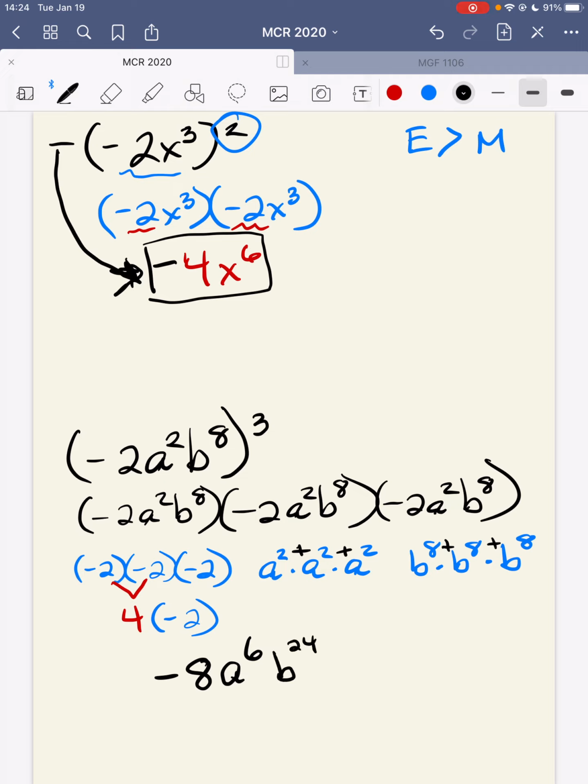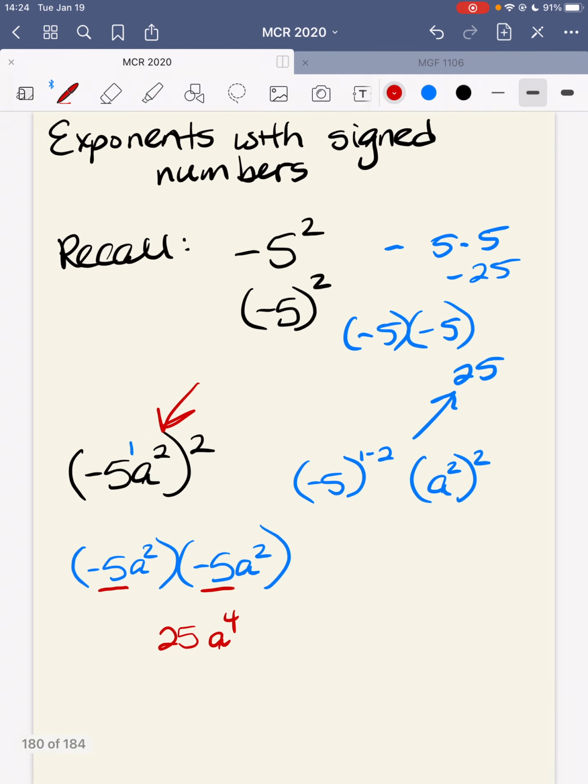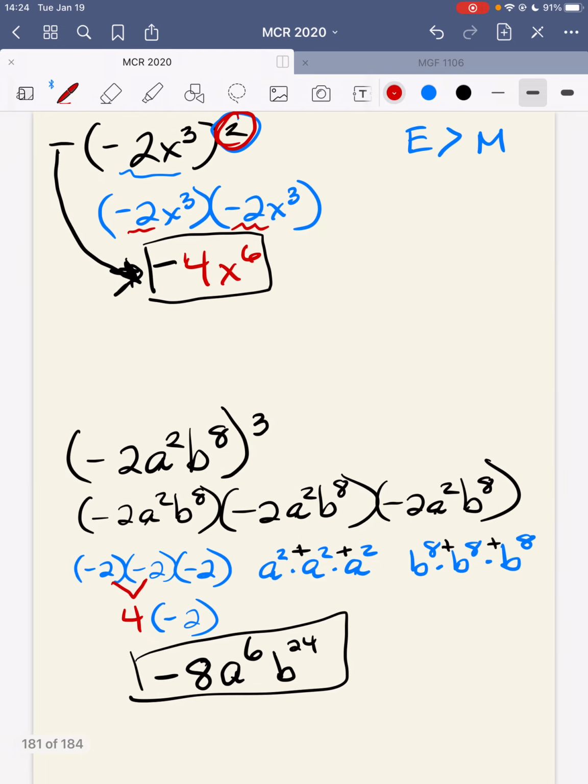Okay, and I promised you a little trick, so I'm going to let you know. Notice here I have a square, and previously I had a square. Without the parentheses, without the negative on the outside, anything that has an even exponent should come out positive.